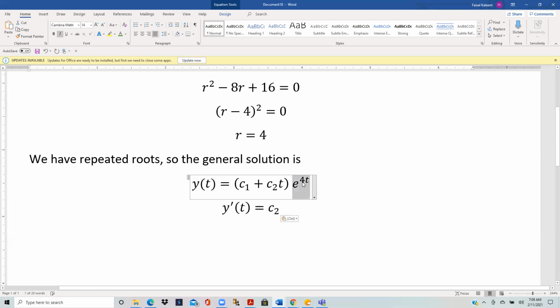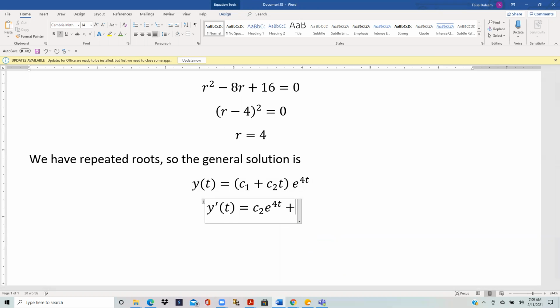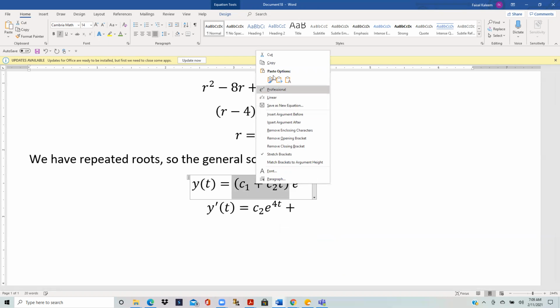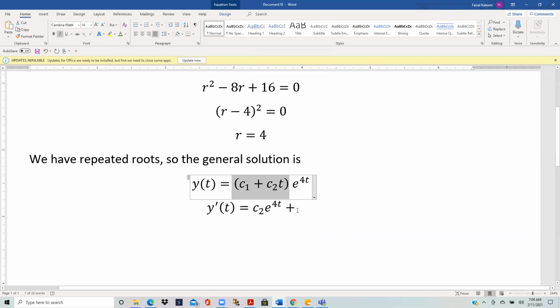We're using product rule, remember? Derivative of the first factor times the second factor unchanged, and then we keep the first factor unchanged, which is C1 plus C2t, times the derivative of the second factor. So the derivative of e to the 4t would be e to the 4t times 4.